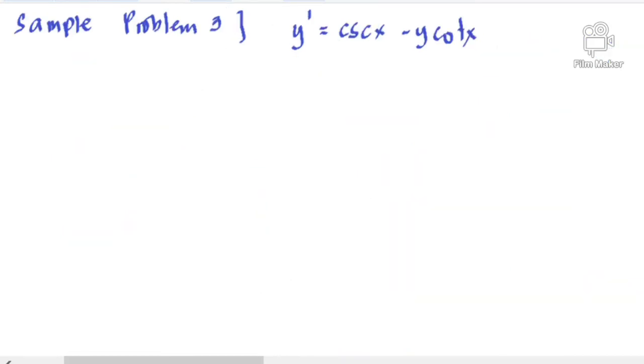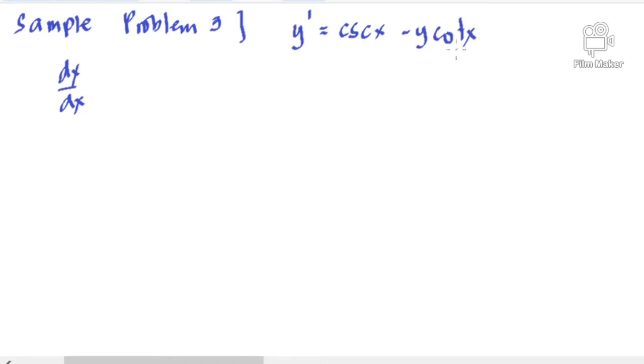Sige, tingnan natin itong sample problem number 3 dito. Kung meron tayong y prime is equal to cosecant x minus y cotangent of x. Ano nga sabi ulit natin sa y prime kanina? Ang y prime is already dy over dx, tama. So, ito-transform lang natin. So, we have dy over dx.